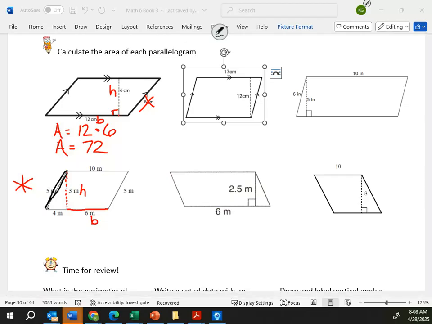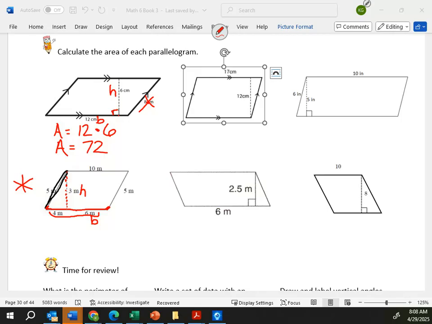So we need our base to go all the way to the outside. They broke up our base into 2 parts, but they're both a part of the base. So you need to add those 2 together for your complete base. Okay, so make sure that you're going from one end all the way to the other end for your bases.